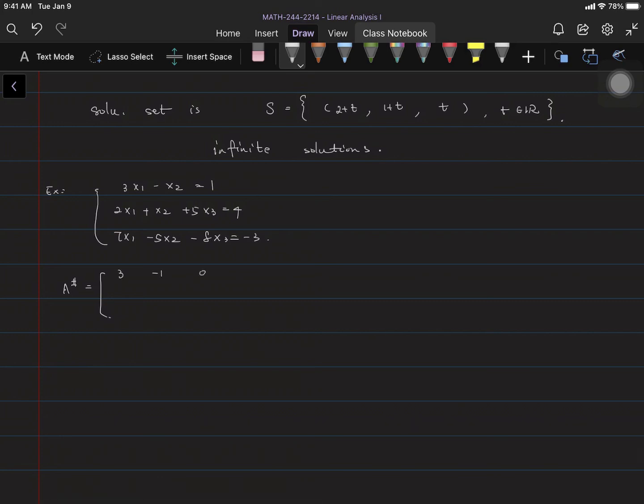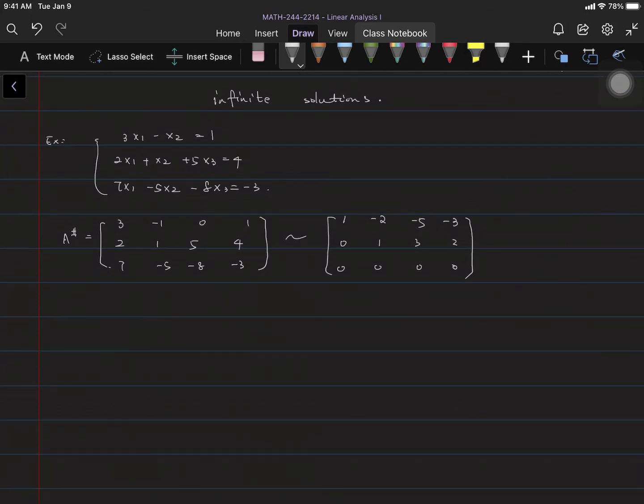Be careful, x3 here should be 0, right? Because there is no x3. 2, 1, 5, 4. 7, -5, -8, -3. Here I'm just going to give you the row echelon form to save you some time, but you should know how to change this into row echelon form, right? 0, 0, 0, 0.